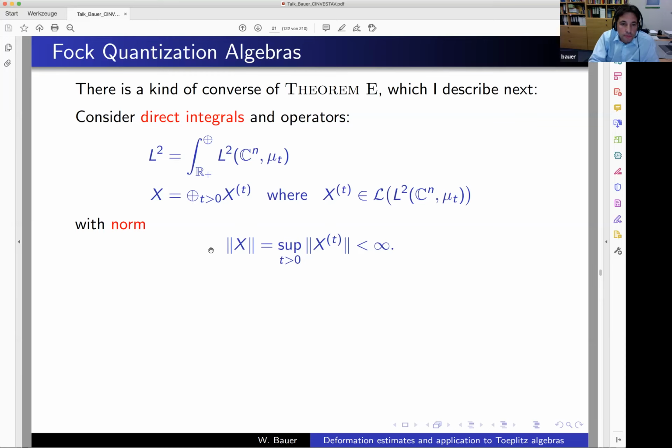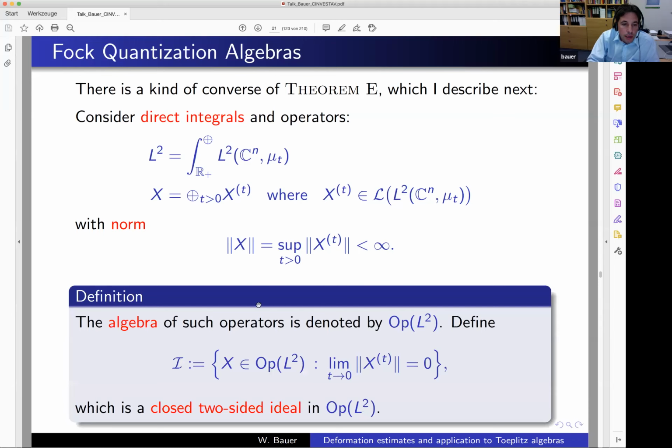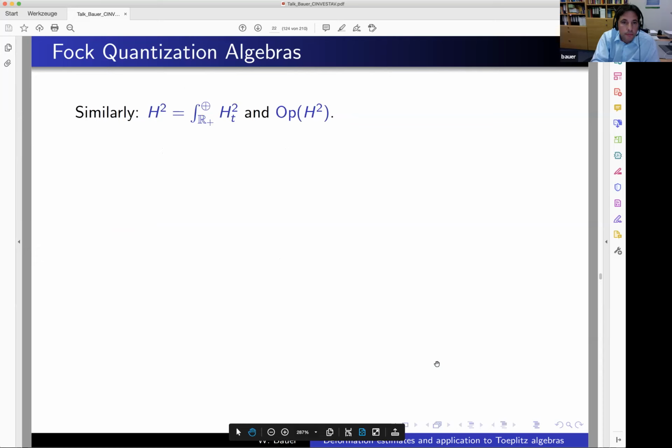And these operators are equipped with this norm here. And then I look at the algebra of all these operators where this norm here is finite, and this is denoted by Op(L2). And inside this algebra, I can find an ideal, a closed two-sided ideal, which I denote by I, and that's actually the space of direct integral operators where this limit here tends to 0. It's not bounded, but it tends to 0 if t goes to 0. That's easily shown to be a closed two-sided ideal.